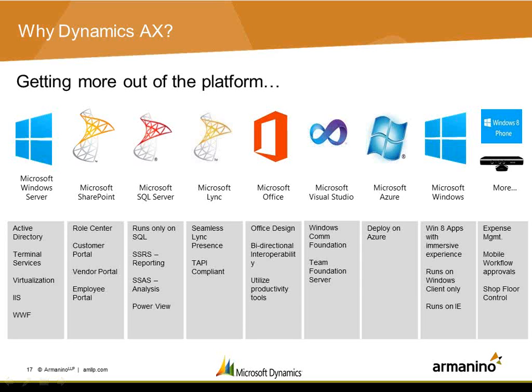SQL Server brings all the technologies from a business intelligence perspective, two-way integration to Office, etc. So a lot of capabilities, especially things with Microsoft Windows 8 apps and mobility, and a lot of innovation that continues to be brought on board there.